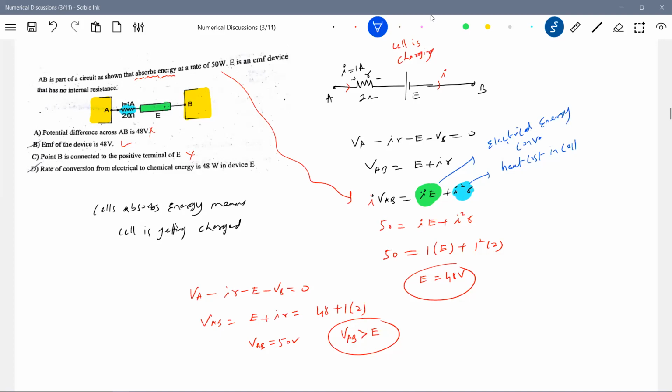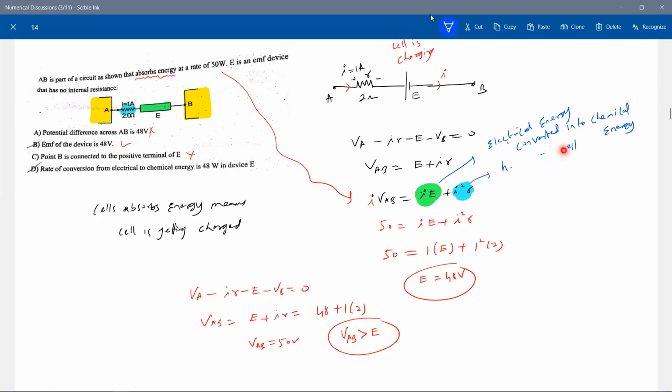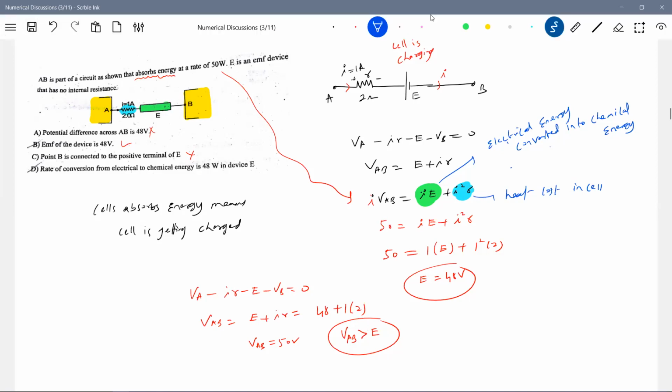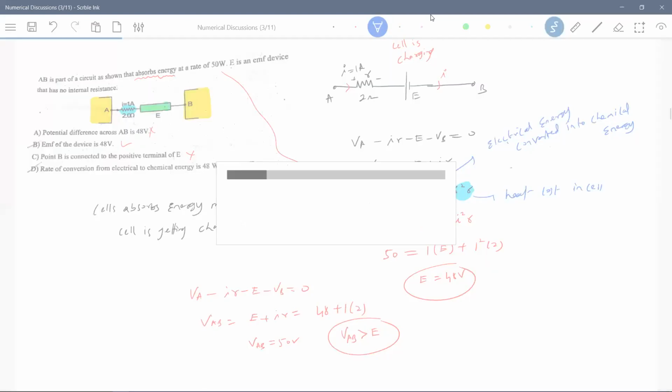Electrical energy converted into chemical energy. I'll write it here below. Able to understand? So these are the very, very fundamental things.